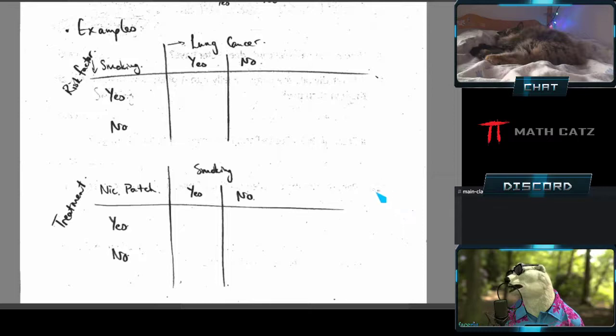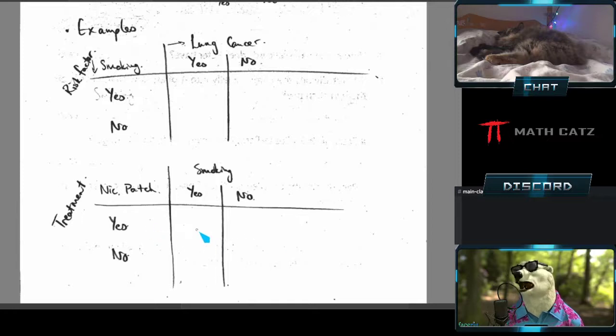Or you could think of, if I sort of stick to the same theme, a nicotine patch maybe, and you want to investigate that. Some people will get a nicotine patch, some people will not. It doesn't matter which row I put where, really. The numbers are all going to be the same, and relatively speaking, the information will be the same.